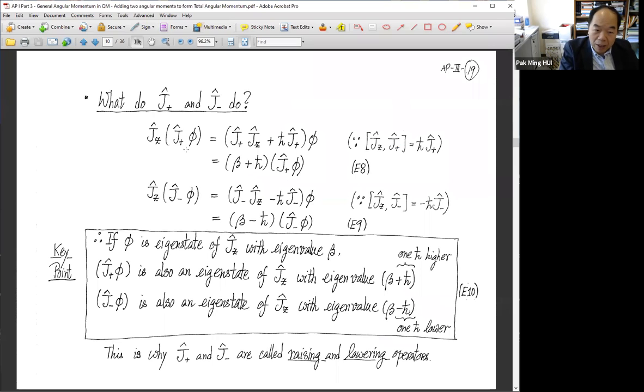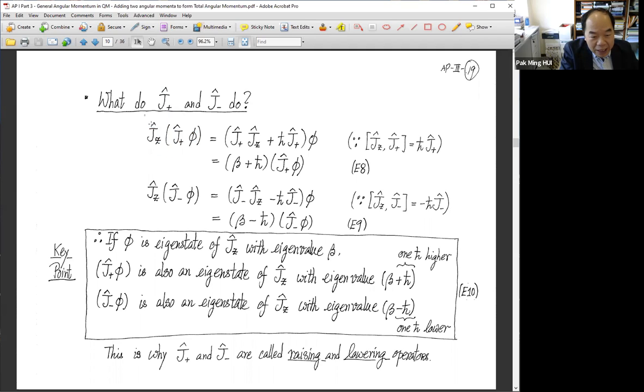What does J plus do to the eigenstate phi? Okay, so now to answer this question, we take this phi that has eigenvalue beta for Jz. We first operate J plus on it and ask whether it is still an eigenstate of Jz, okay?